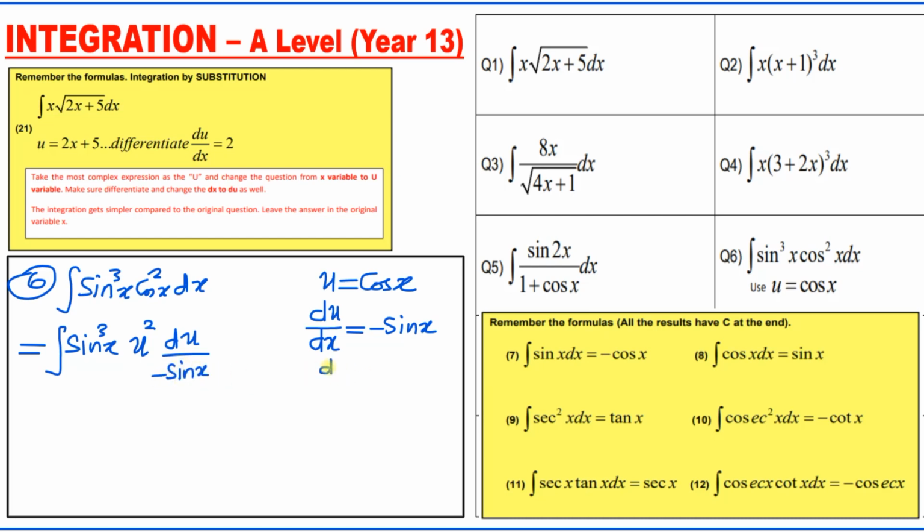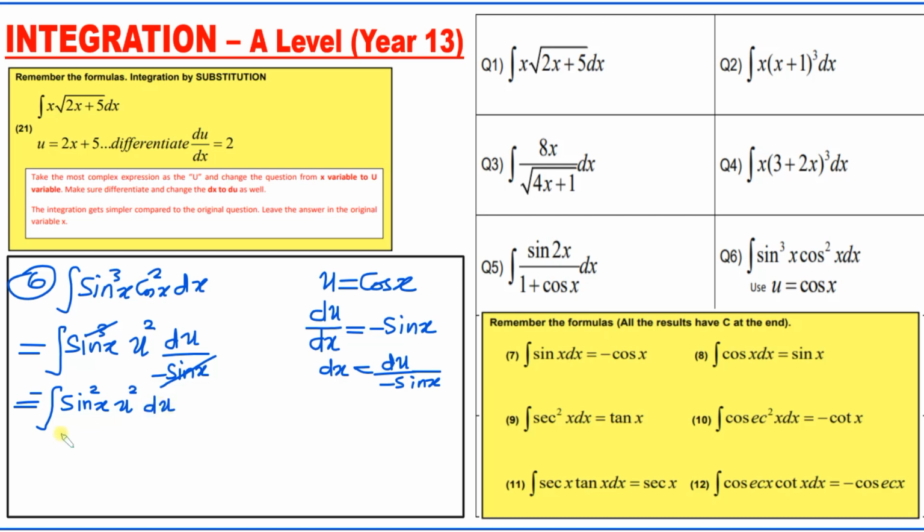So dx is du over minus sine x, right? Now one of the sines cancels off, and I get integrating sine squared x and u squared, and there's a minus.